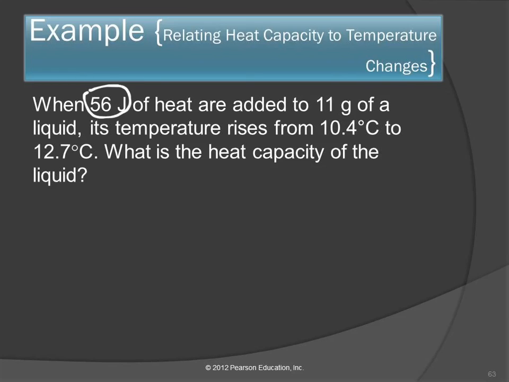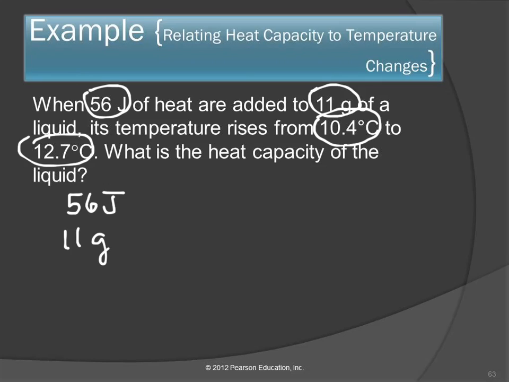So here we've got 56 joules, we've got 11 grams, we've got 10.4 degrees Celsius, we've got 12.7 degrees Celsius. So what are these things?